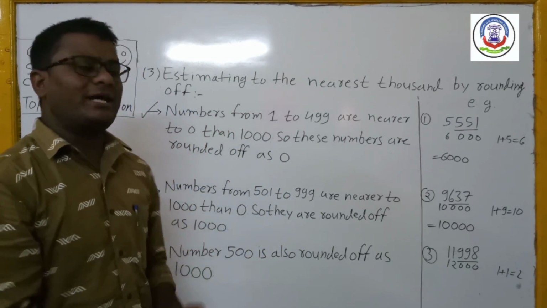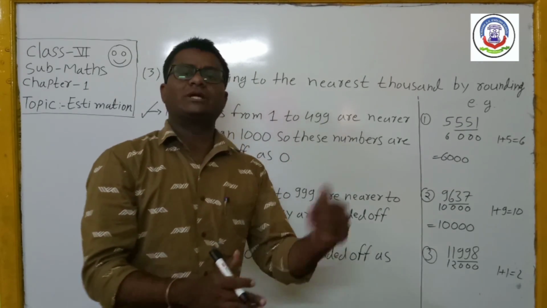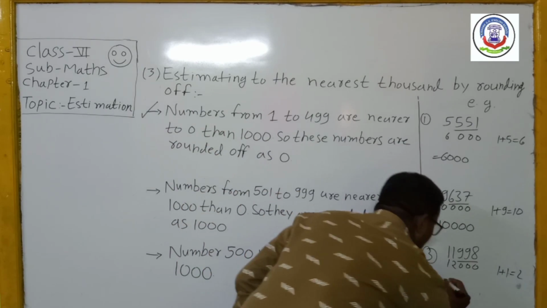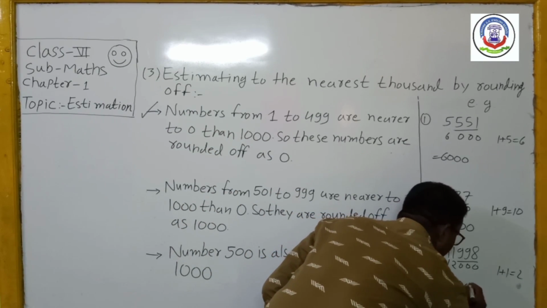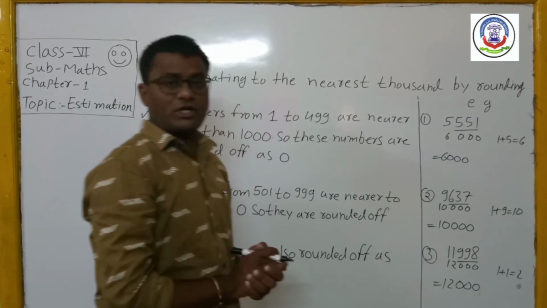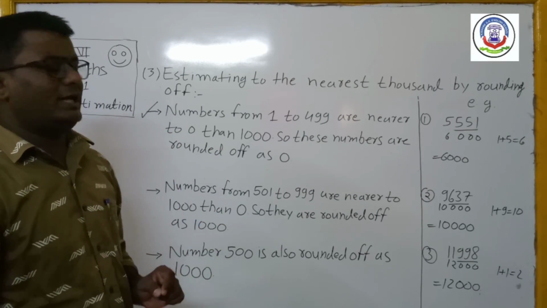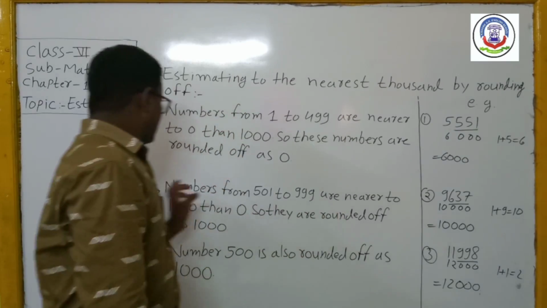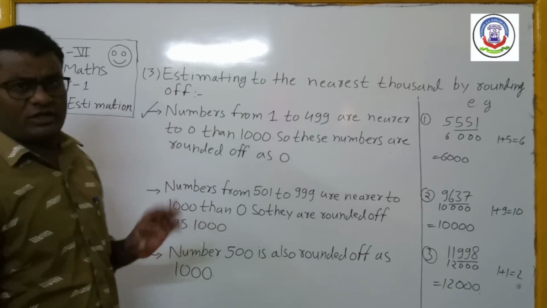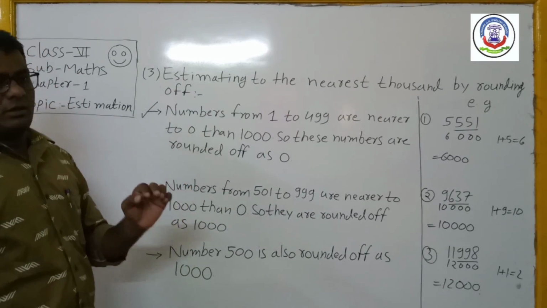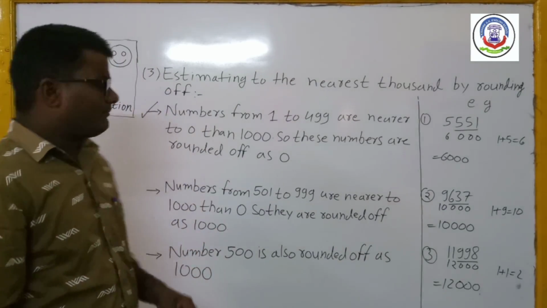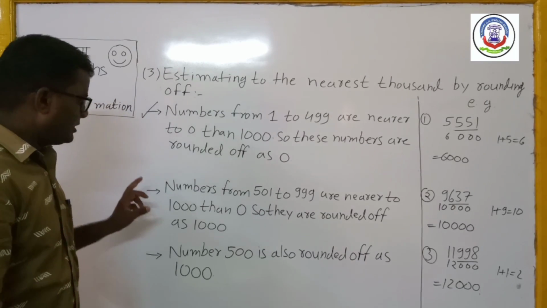So the required rounded off number to the nearest thousand will be 12,000. Okay students, you have to clearly remember these things. Now you can also compare between this and this point.